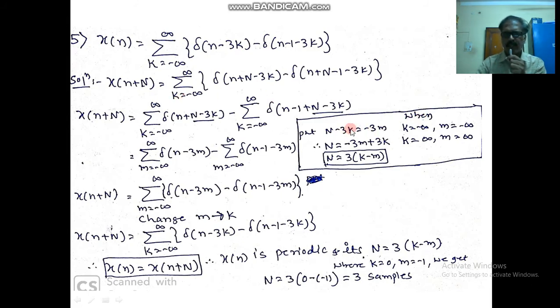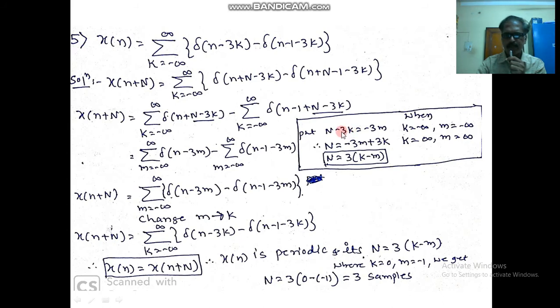Because I substituted n minus 3k equals minus 3m, the limits of k change to limits of m. When k equals minus infinity, we will get m equals minus infinity.